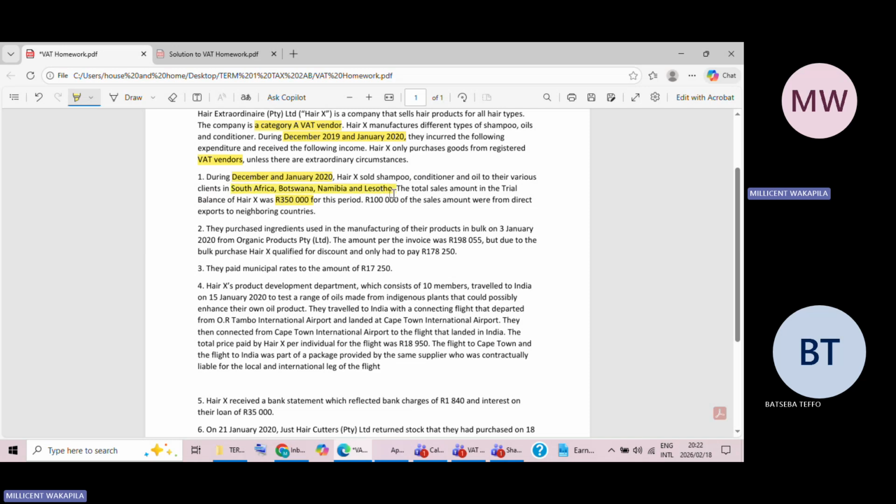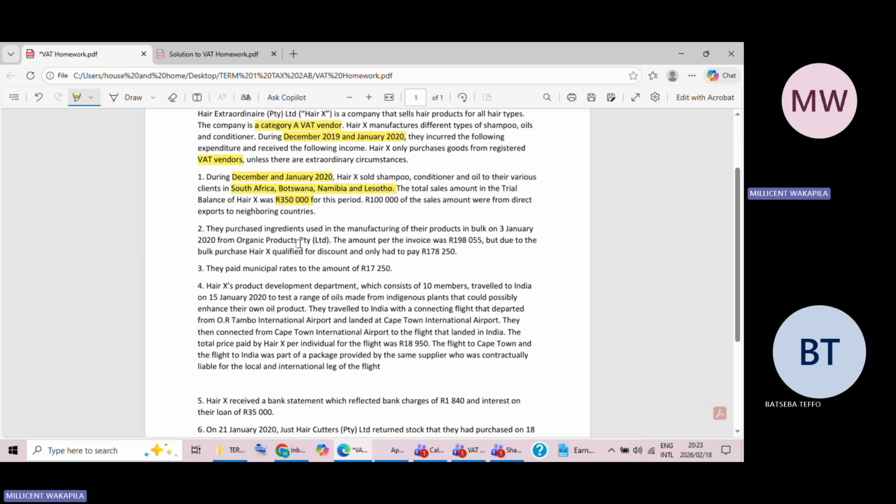I think we can all agree that South Africa is the country that we're in, so that's the only country that we're able to make local sales in. When we make sales to Botswana, Namibia, and Lesotho, we're making sales outside South Africa, meaning to say the sales now are exports outside of South Africa, right?